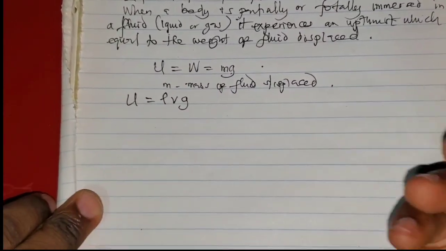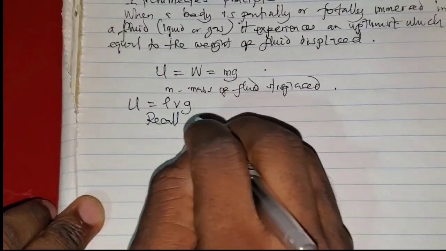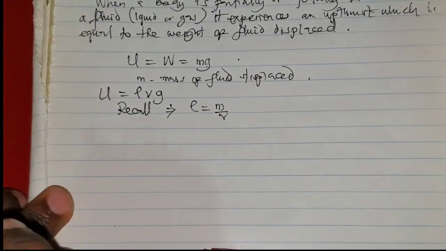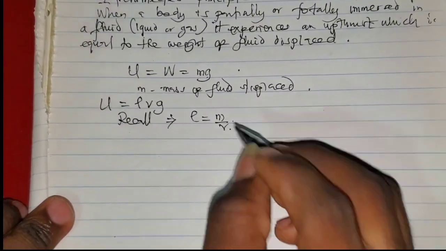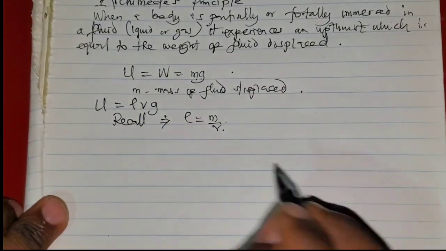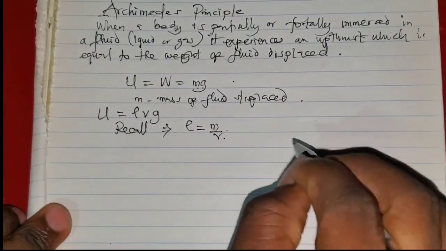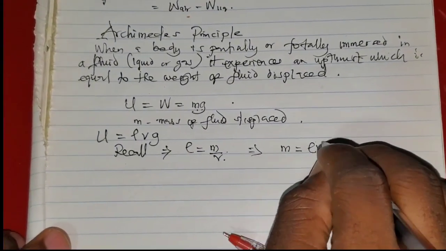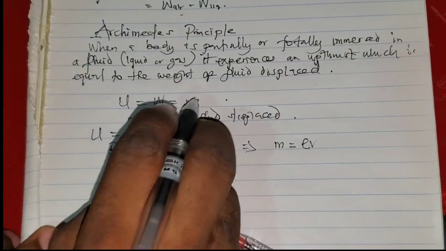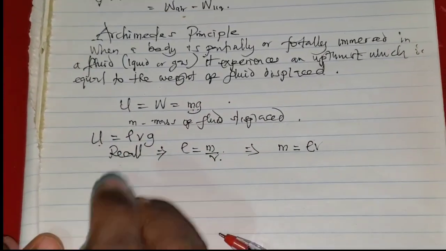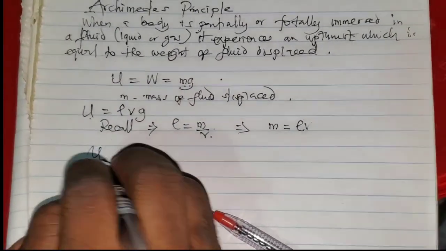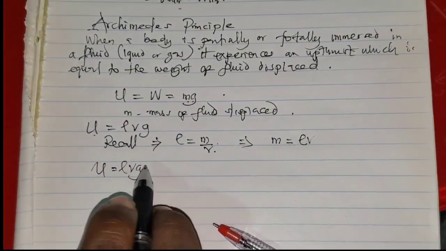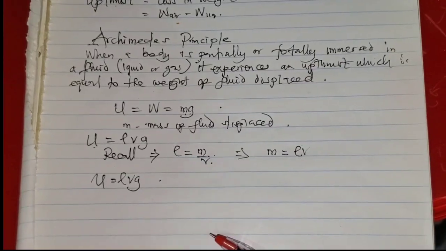How did we come about this? Recall that density is equal to mass over volume, the ratio of the mass to the volume. Making mass the subject of the formula, m equals rho V. Putting rho V instead of m, that's how we come to this equation. So U equals rho Vg. This is another equation we can use for upthrust.